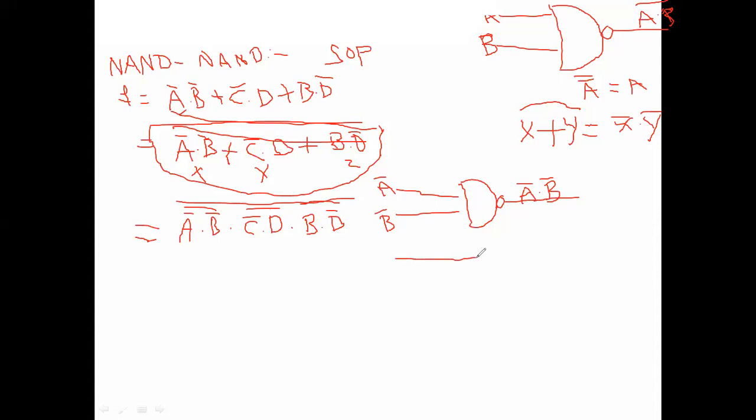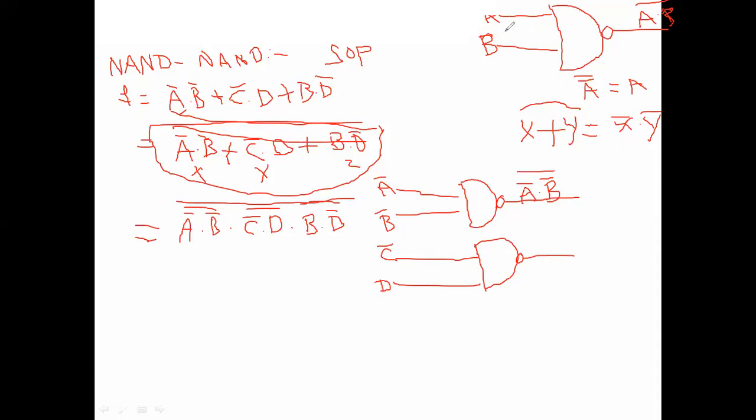So for this also, we are taking another NAND gate. What are the inputs here? One input is C bar, another input is D. C bar and D are two inputs for this NAND gate. See here, whole bar.